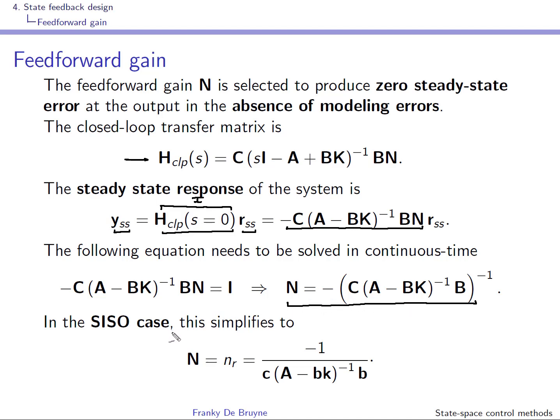In the single input, single output case, this will simplify to something that is much simpler, because we have only one reference signal and one output signal that is being controlled. So the feed-forward gain becomes simply a scalar.